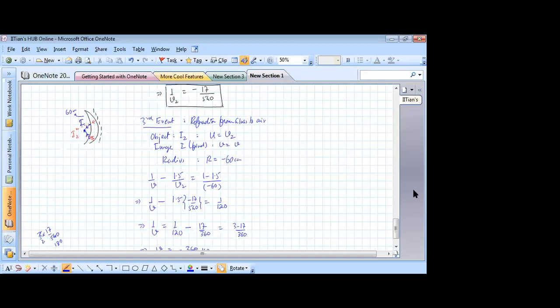So that's why that direct formula is very important to remember. Okay, people, so hope you are clear with this.